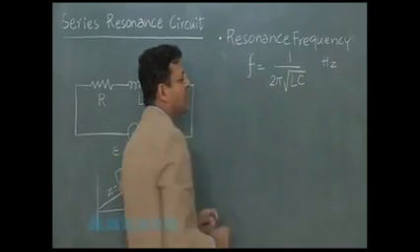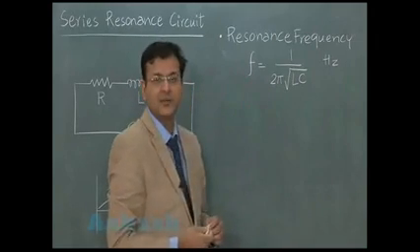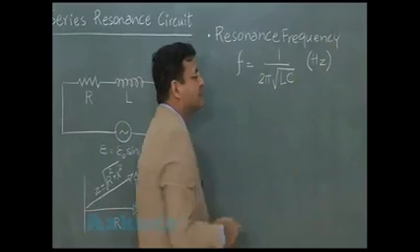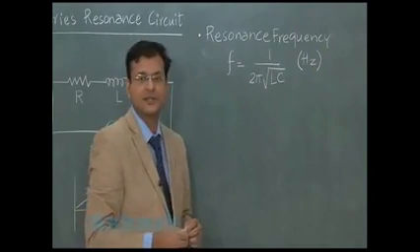In case आपने यहां पे 2 pi नहीं लिखा होता तो ये फ्रीक्वेंसी रेडियन पर सेकेंड में होती, but in case you have included F also, then the unit will be changed to hertz.